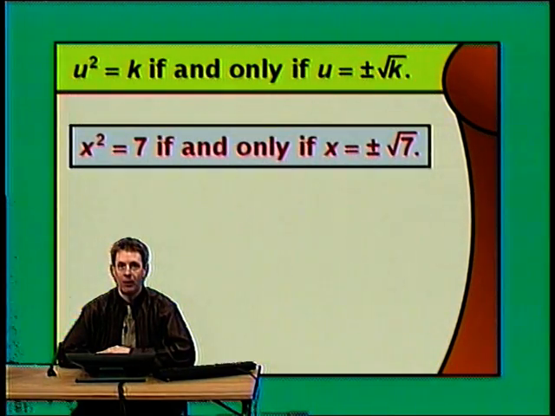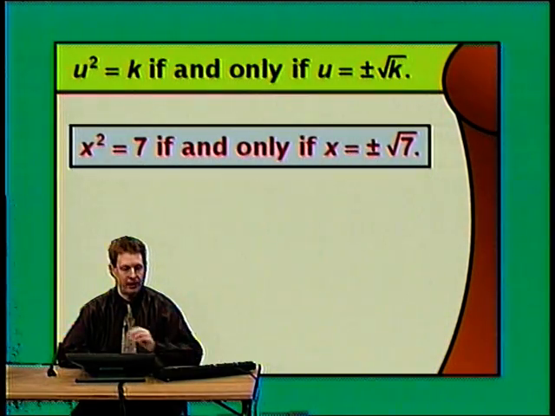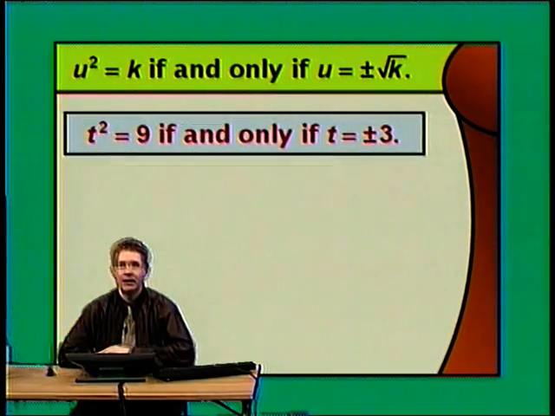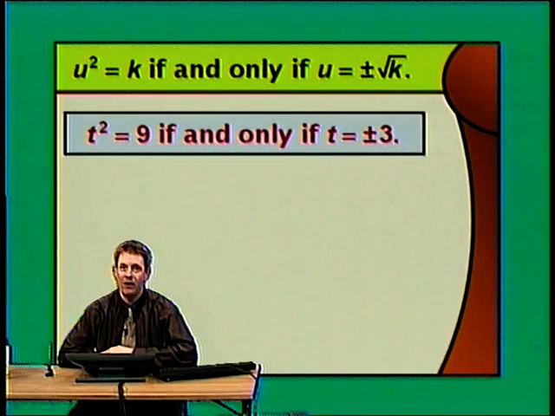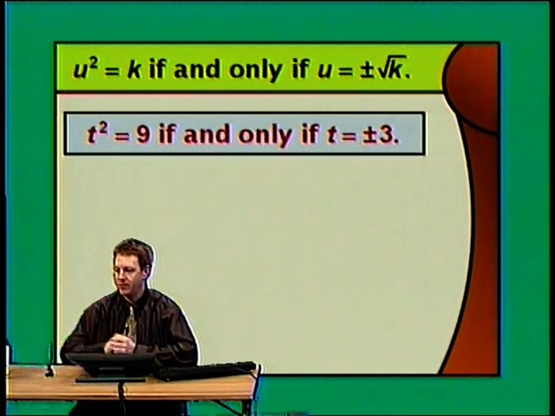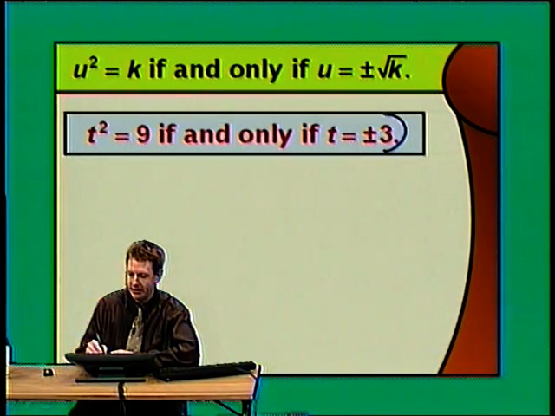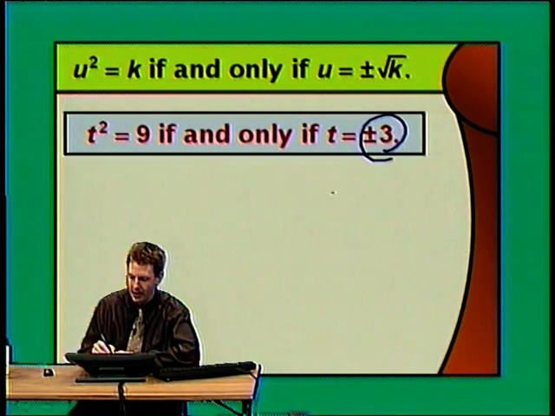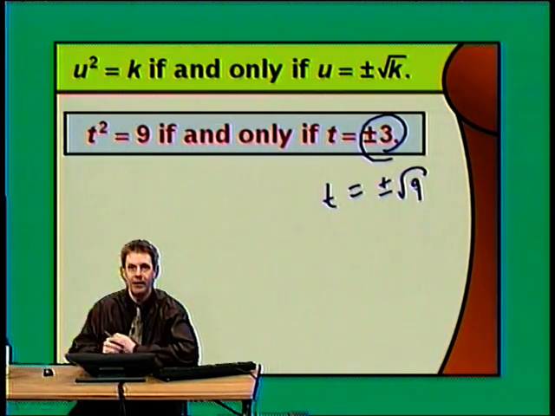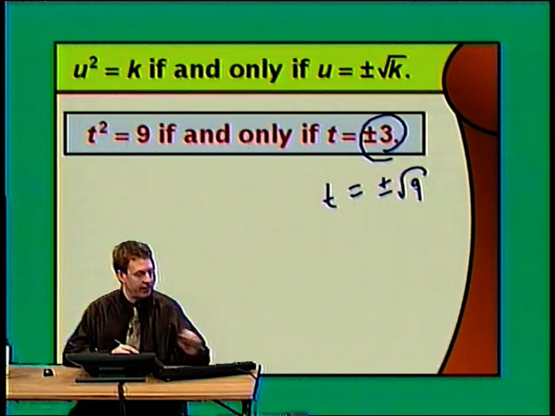So for example, x squared equals 7 if and only if x equals plus or minus the square root of 7. X can be the square root of 7, or x can be the negative square root of 7. Similarly, t squared equals 9 if and only if t equals plus or minus 3. Where did this plus or minus 3 come from? It came from the fact that t has to equal plus or minus the square root of 9, and the square root of 9 is 3.